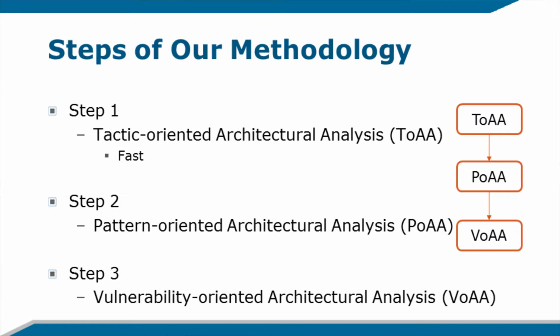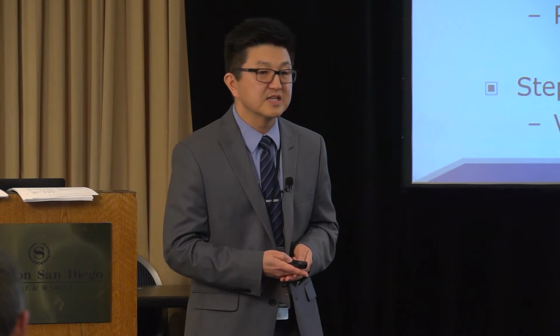Then we move on to the pattern-oriented architectural analysis, because what we are trying to do here is see whether these tactics, the initial ideas of security, are really refined into something much more concrete and closer to the code, which are patterns. If they stop right at the tactics, then you're not really doing justice in terms of security. And finally, because of the reasons I already mentioned, this vulnerability-oriented architectural analysis is critical.